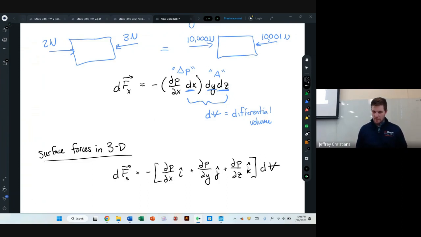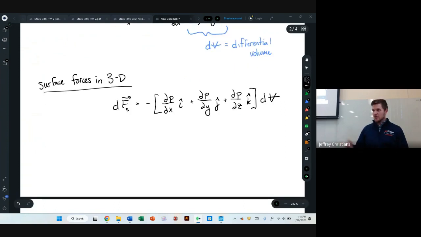All right. This is kind of an annoying thing to have to write too often. Basically, it's the change in pressure in x and y and z. So that's the rate of change, the slope of the pressure in all those different dimensions.